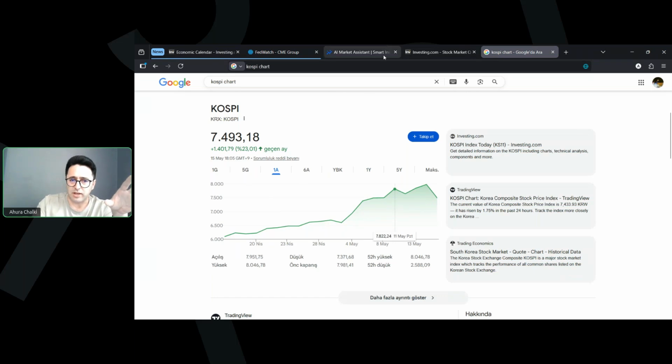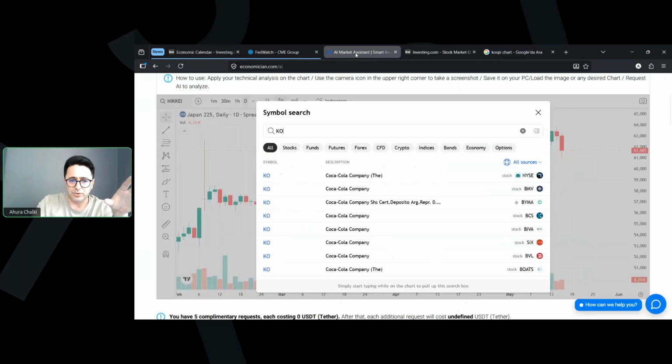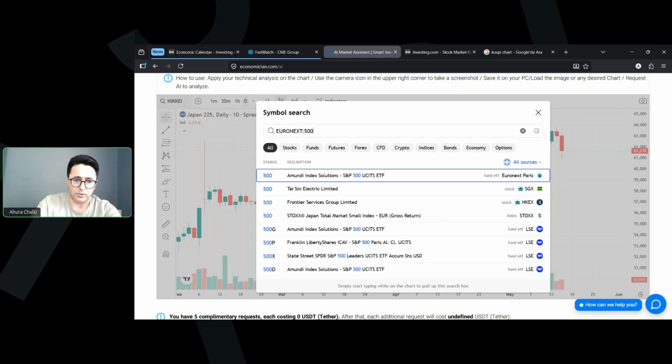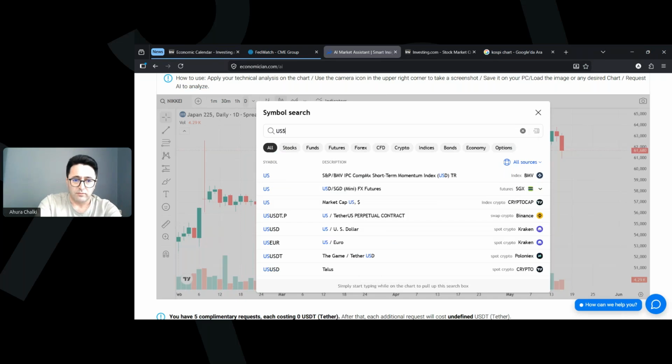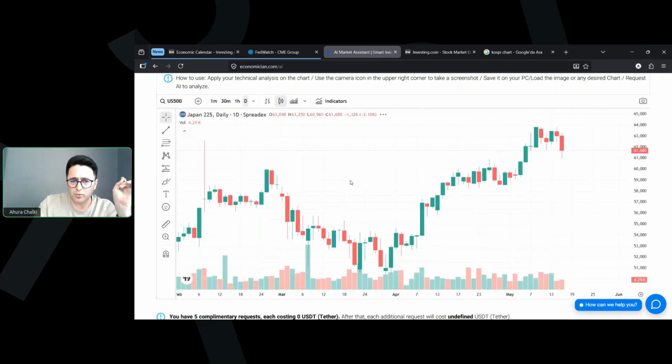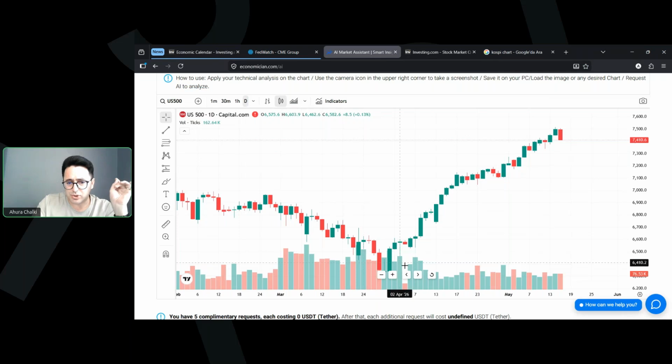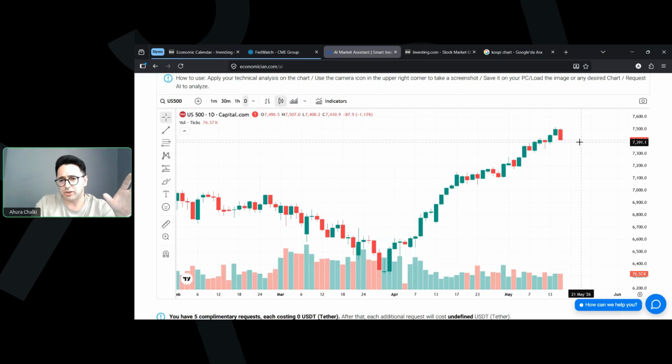If we go back again to US 500, I want to show you something here. If we go to this situation and we see more than three red candles in a daily chart, that can bring concerns and too many doubts to the market.